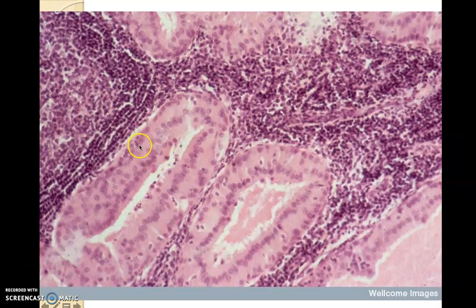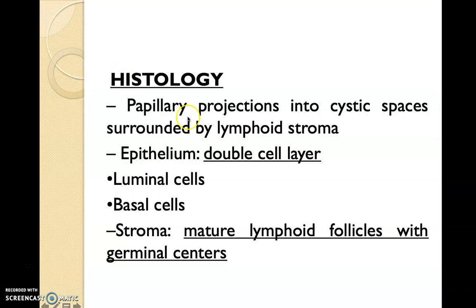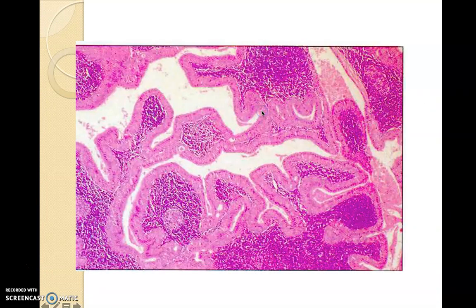So this is another 2 layers. This is the lumen. This is the luminal epithelial. This is a basal cell, and then can you see these are the very dense lymphocyte. This is the germinal centers. Okay, so I've already told you and I've already explained to you the histology. Okay, so just to remind you and train your eyes.